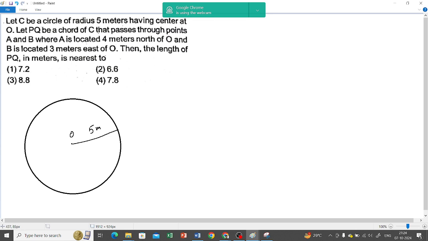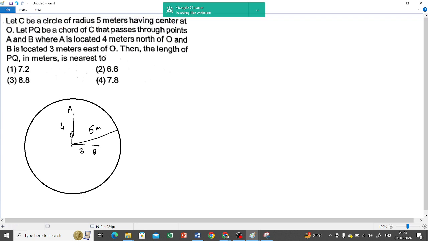PQ be a chord of C that passes through points A and B, where A is located 4 meters north of O and B is located 3 meters east of O. So that means this is O, ঠিক আছে, 4 meters north of O, এখানে হচ্ছে A, ঠিক আছে, 3 meters east of O, এটা হচ্ছে B, ঠিক আছে.